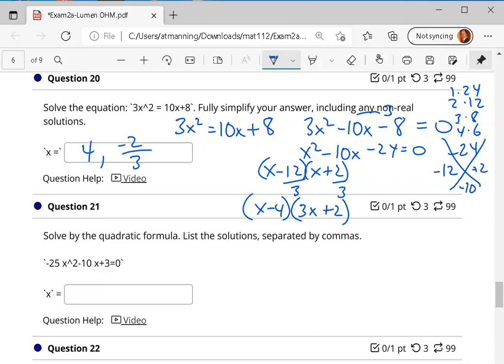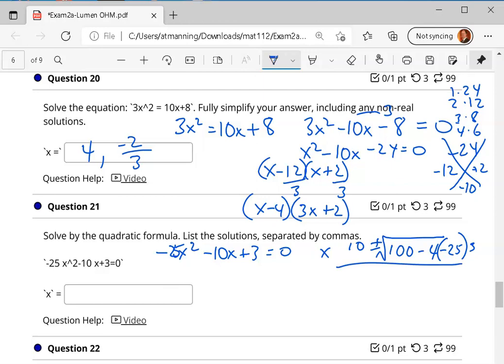All right, this time they did say quadratic formula, so let's write that out carefully. Negative 25x squared minus 10x plus 3 equals 0. x is equal to negative b, that's 10, plus or minus square root of b squared, I can already get b squared, 100, minus 4 times a, don't forget that sign, times negative 25, times c, that's 3, all over 2a, which is negative 50.